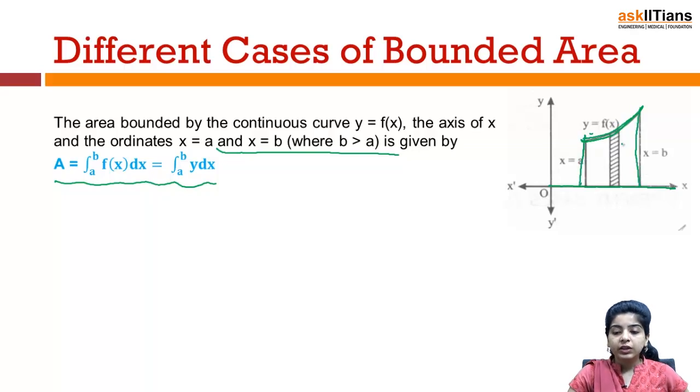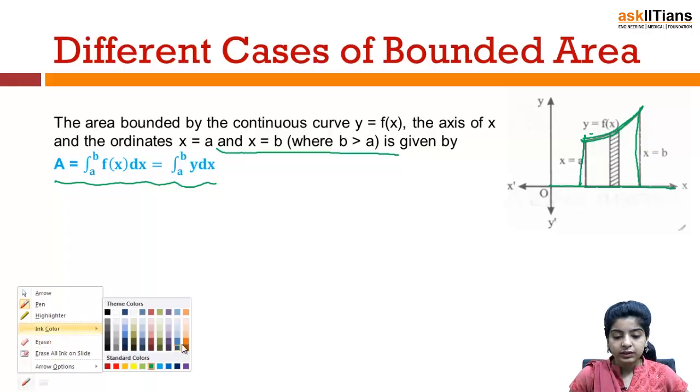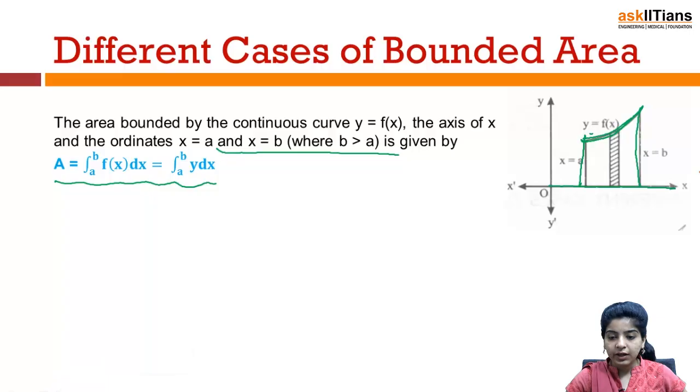The area that we are required to find is basically this entire area. We take a strip to denote that this is the area that we are required to find.